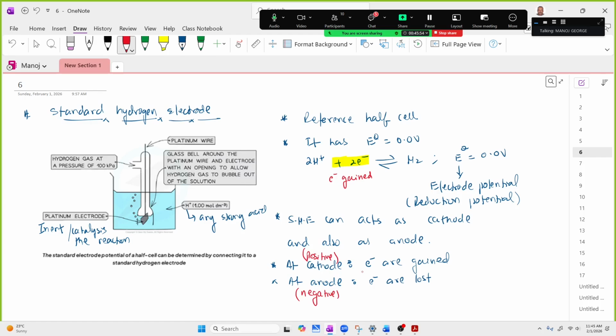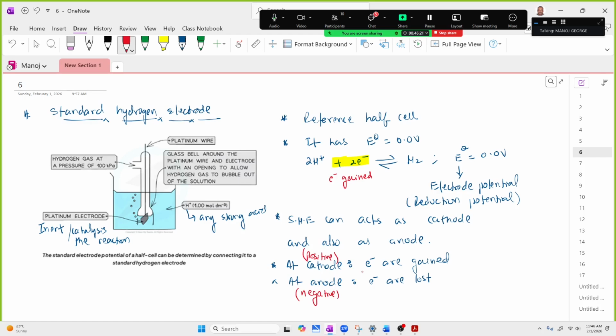Here the cathode happens to be positive. Of course, I will tell you why it's happening. And anode is the one which is negative. But the concept of who's losing electrons, who's gaining electrons doesn't change. It's still anode losing electrons. It's still cathode gaining electrons. That is not changing. The electrical charges on the electrodes are switched completely. Okay, I will tell you why it is happening in a few moments.